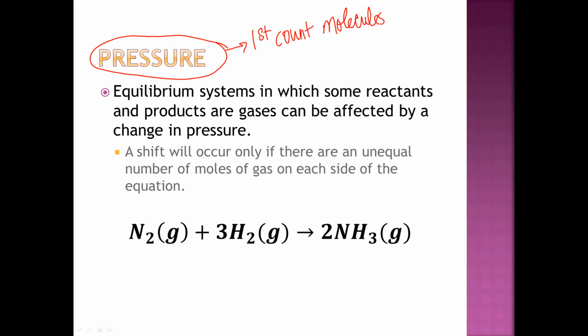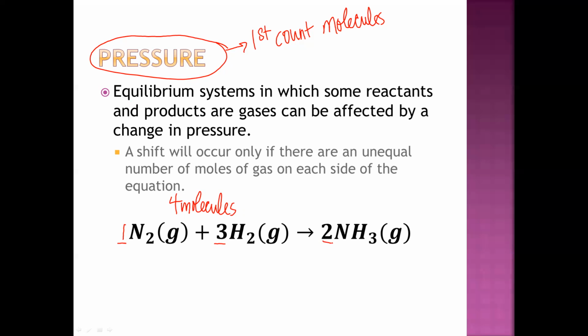So for this reaction, I just have this here as an example so we can see how you count. We've got 1 N2 and we've got 3 H2s. So on the reactant side, we have a total of 4 molecules. Everybody see that? Where the 4 comes from? Okay. Then on the product side, we only have one thing.